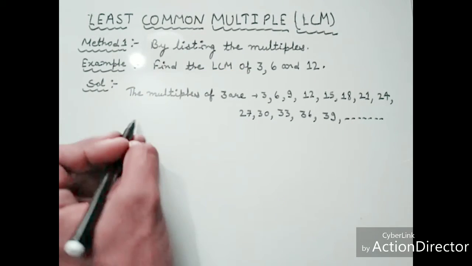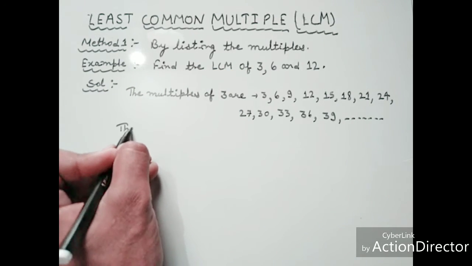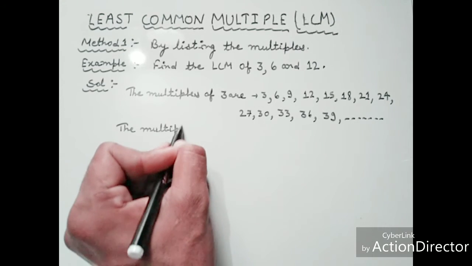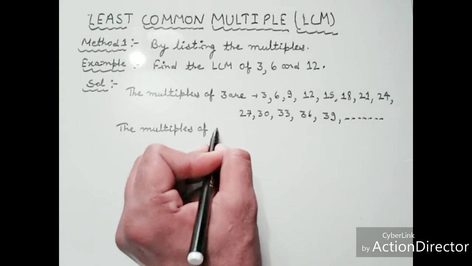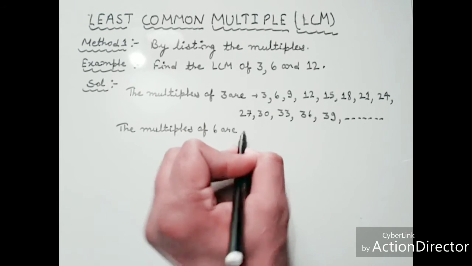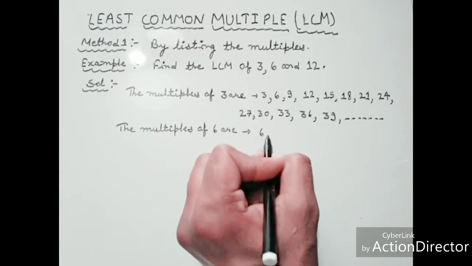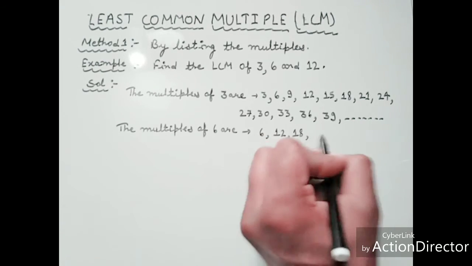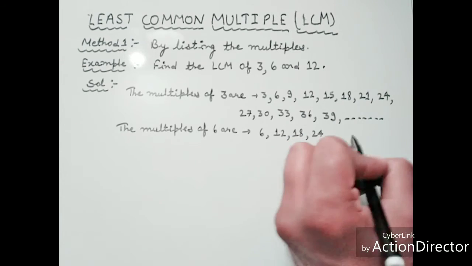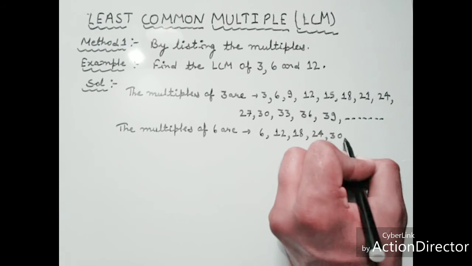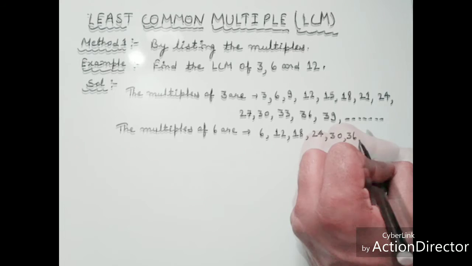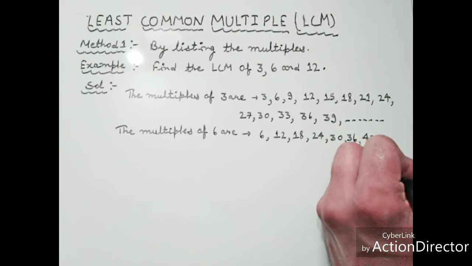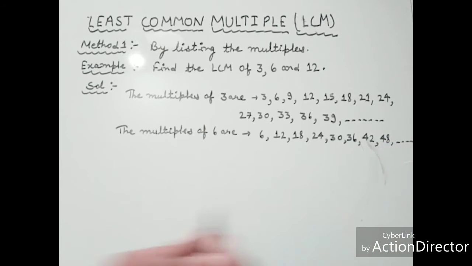Now the multiples of 6 are 6, 12, 18, 24, 30, 36, 42, 48 and so on.